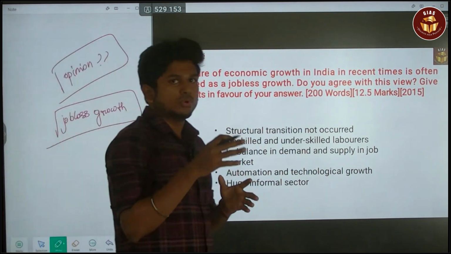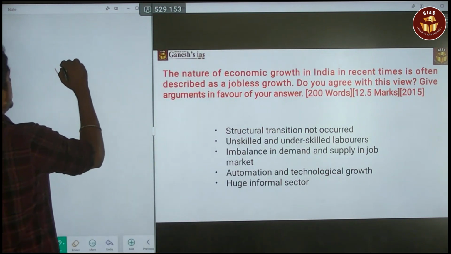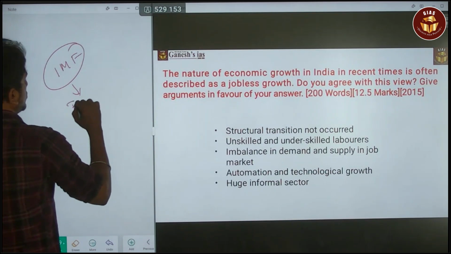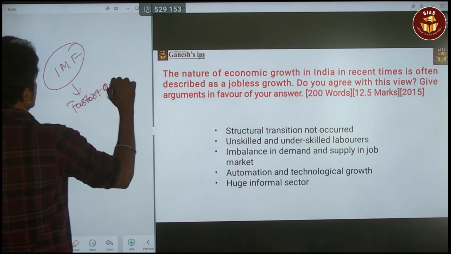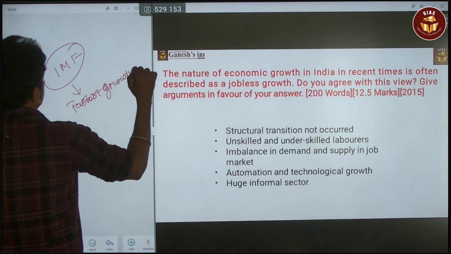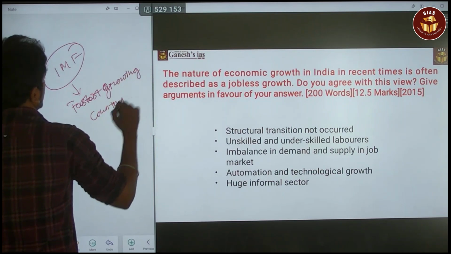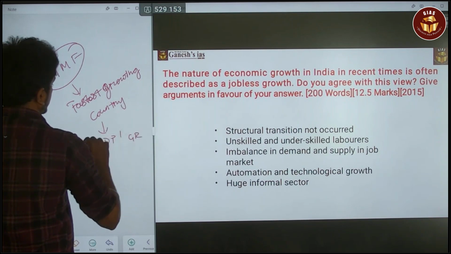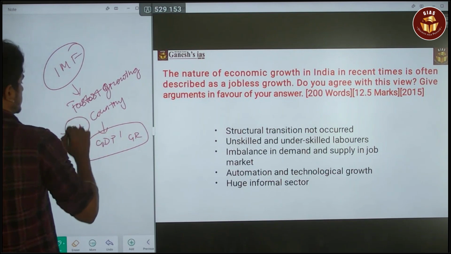That is, the economy is growing. For example, recently the IMF said that India is the fastest growing country, based on the GDP growth rate, which is maintained at 7%.